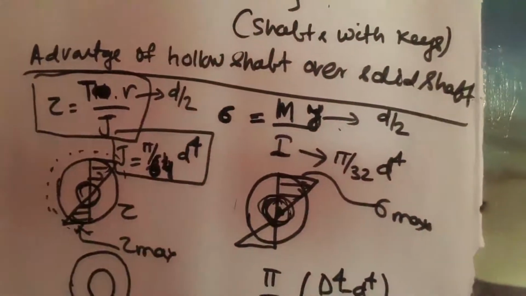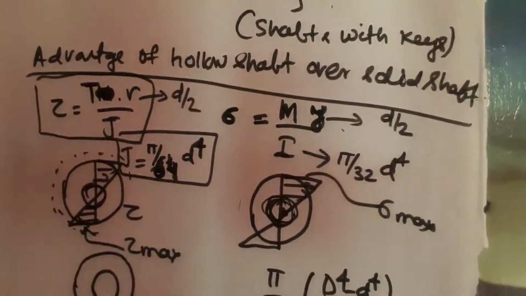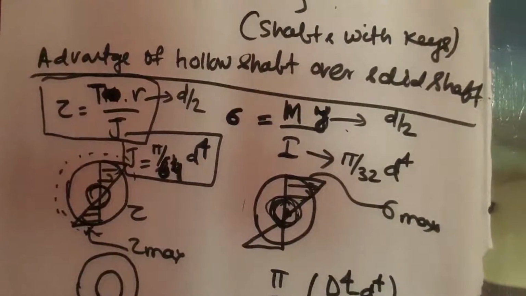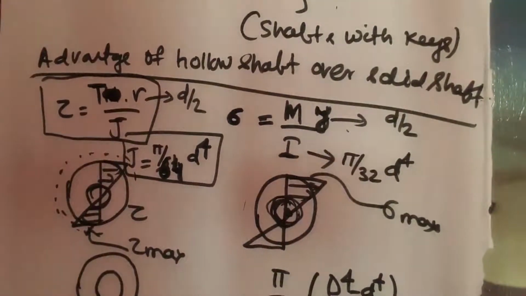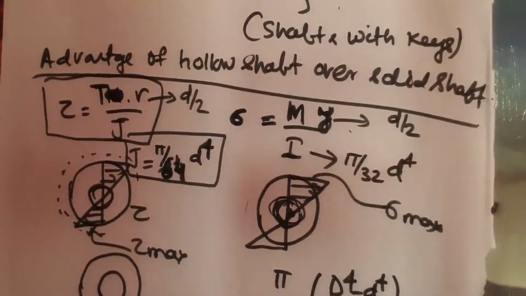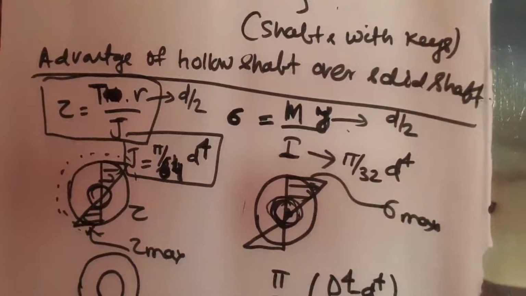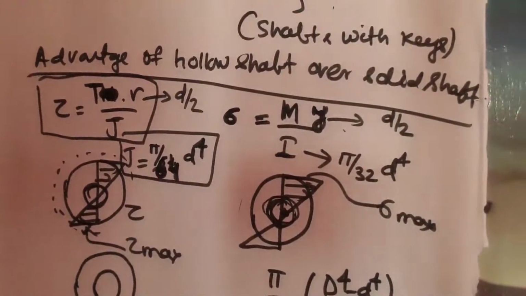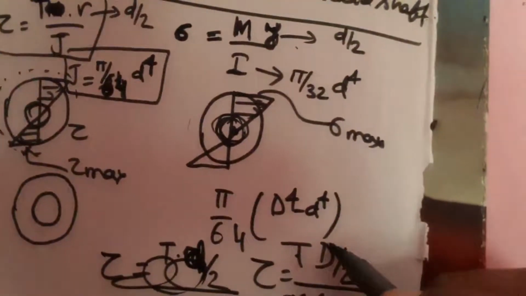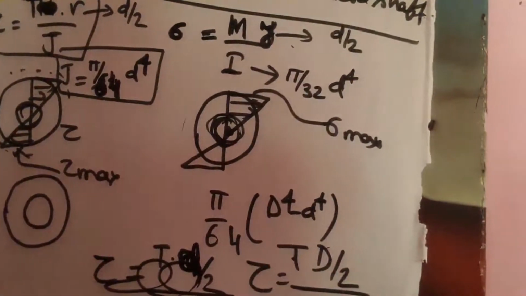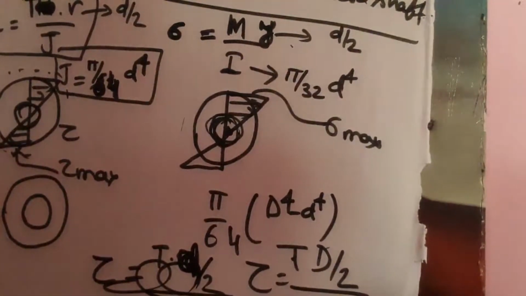So if you increase the diameter, what happens? If you look at this formula, T into R, it is D by 2, and in this case let me write tau is equal to capital D by 2 into T divided by pi by 32 into D to the power 4 minus d to the power 4. The numerator is increased, but more than that the denominator is increased, because it is the fourth power.